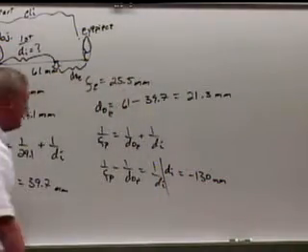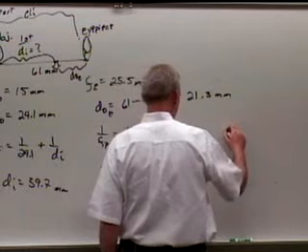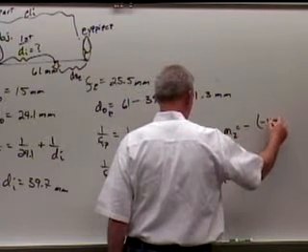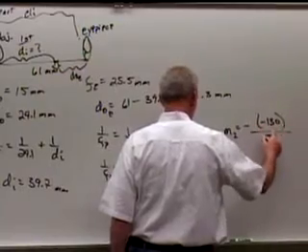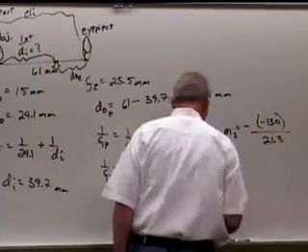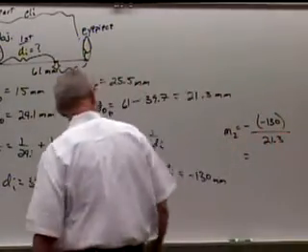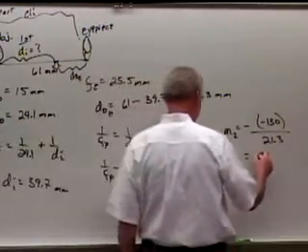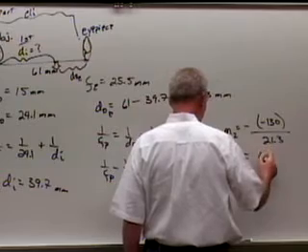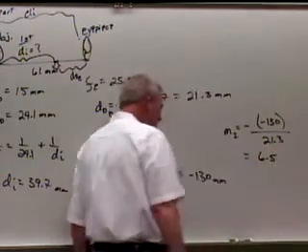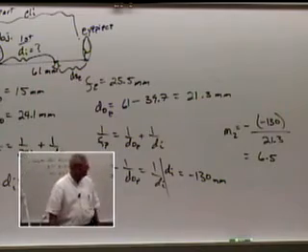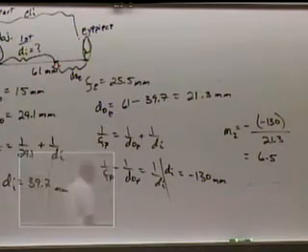So let's find that second magnification. The second magnification then is equal to negative 130 over 21.3. And that's about positive 6.5. And so the overall magnification of this thing, this wasn't what they asked for.